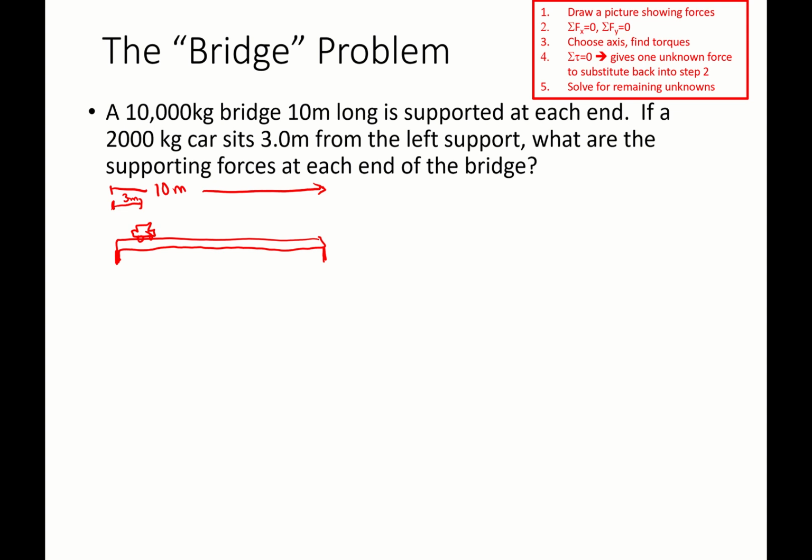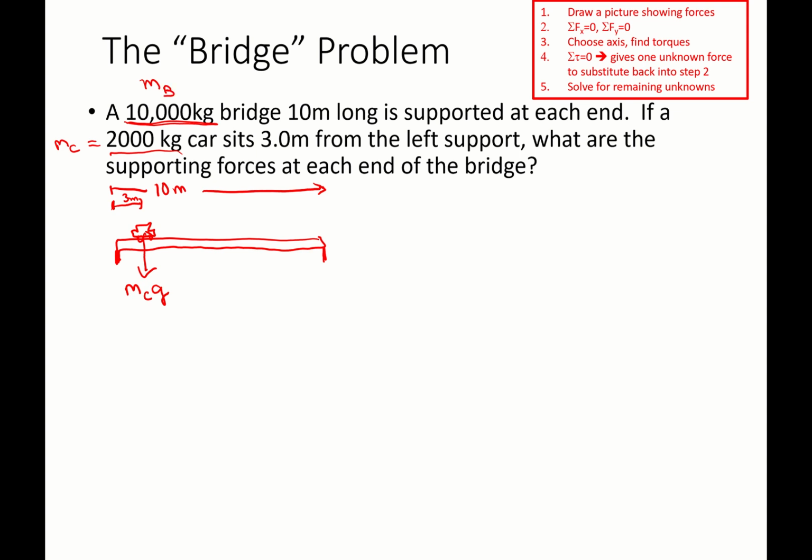All right, so we want to know what are all the forces in this picture. What do I have? I've got the weight of the car. Let's call it the mass of the car times G. And we know the mass of the car is 2,000 kilograms. What else do we have? Well, we've got the mass of the bridge, right? The bridge is 10,000 kilograms, so let's call that MB for the mass of the bridge.